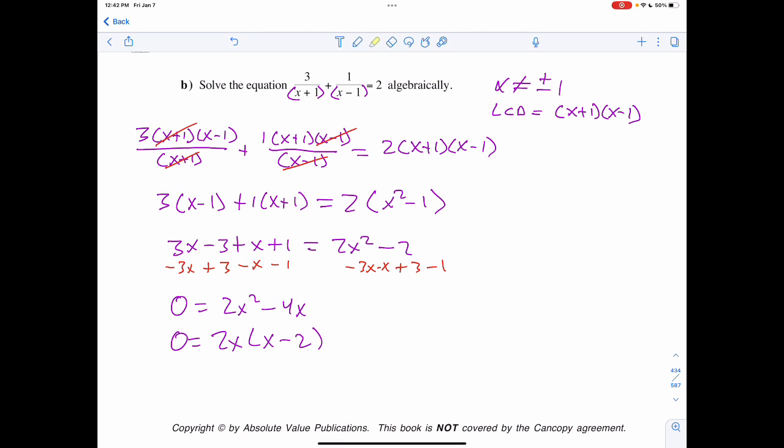And I can see from the factors where there is a variable, the x that's outside of the brackets gives me 0. Or the factor of x minus 2 is going to give me x is equal to 2. And those match the solutions that I found when we did it graphically.